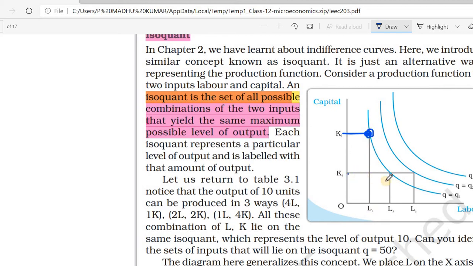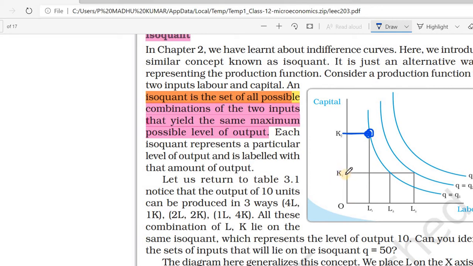Suppose one producer has 1000 rupees of income. Within that 1000 rupees of budget, like we studied for consumers, here also the producer has some limitation. He has some money like 1,000 rupees or 2,000 rupees, and within that only he can produce the goods. Then the producer is using K2 of capital and L1 of labor, and he can produce this much output.